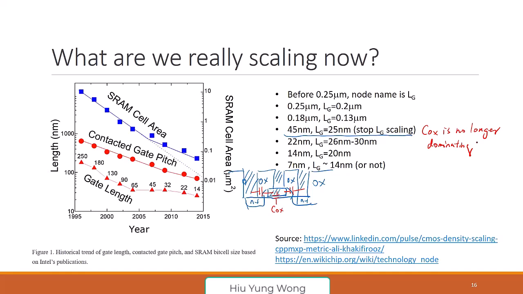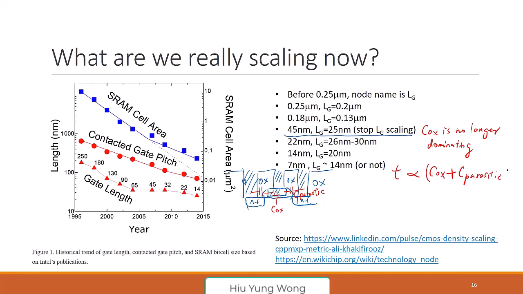When you are trying to charge the gate of a device, you not only need to charge the C-ox, you also need to charge this parasitic. So now the delay time is actually proportional to C ox plus C parasitic.